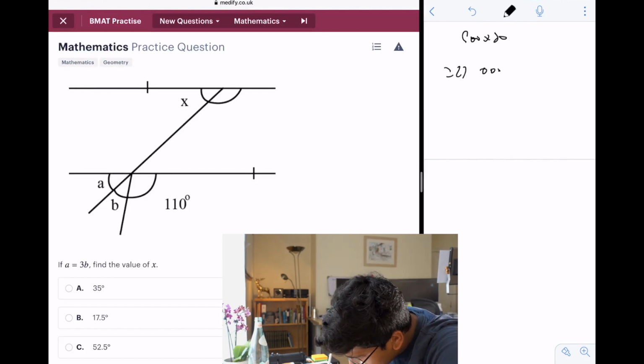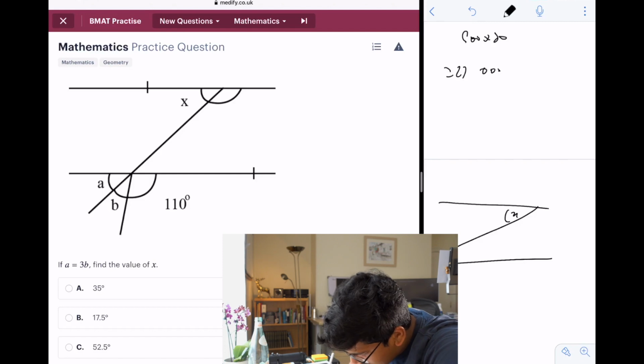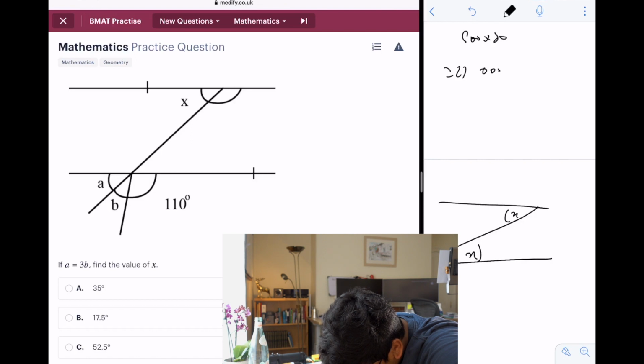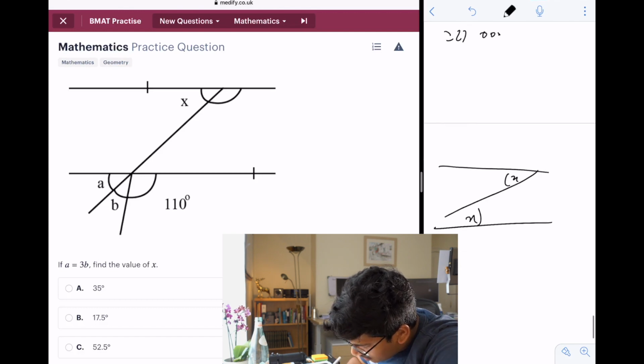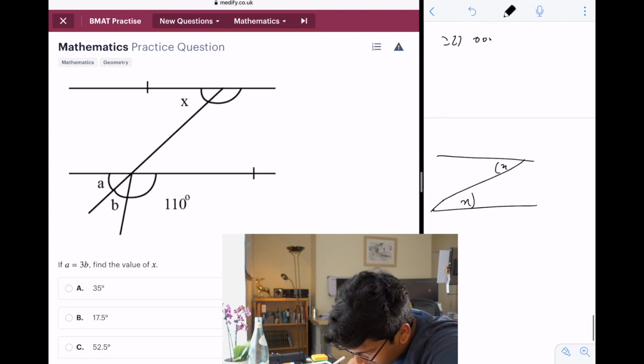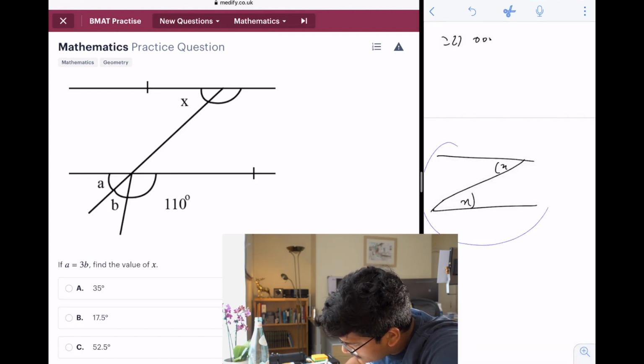Right. Bit of Z angles here. Lovely. So let's just quickly draw this out. X is there, therefore x will be here. Great. So if A equals 3B, great. So let me just quickly expand this a bit more. Okay, I've drawn this very badly, so I'm just going to redraw this.